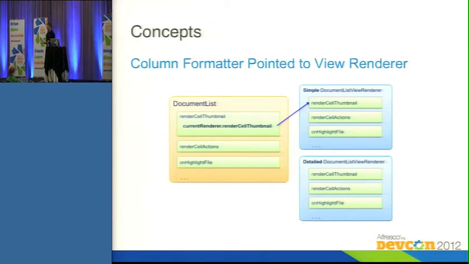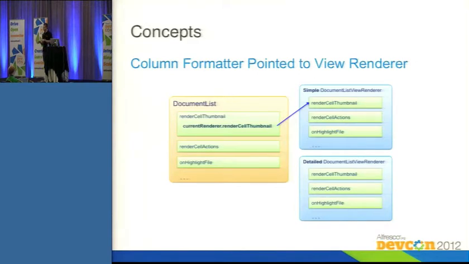So one of the reasons it's done like that is these render cell whatever, thumbnail, description, name, methods in the document list object have been around for a while, and you all may have made extensions to the document list object, class extensions, and overridden a method like that.